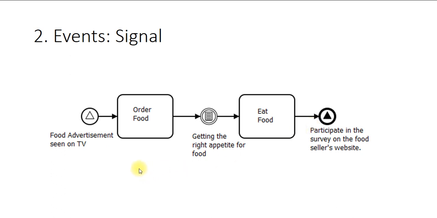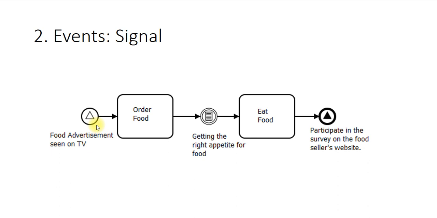Next is the signal event. Remember, whenever that event happens, if it invokes a response from the spectator, that becomes a signal event. So the event is a food advertisement seen on TV.